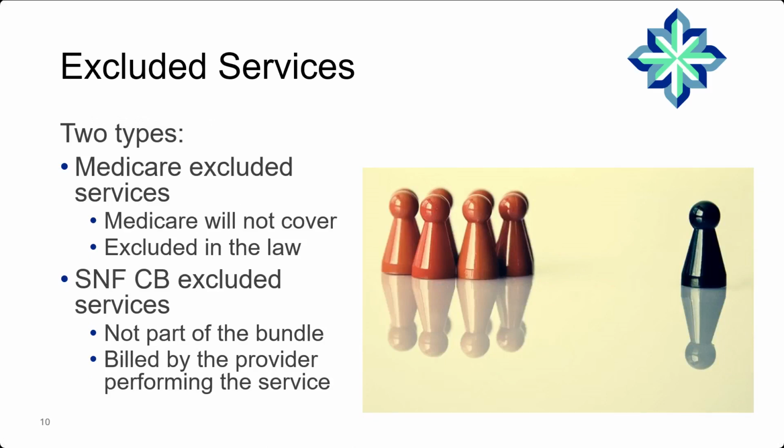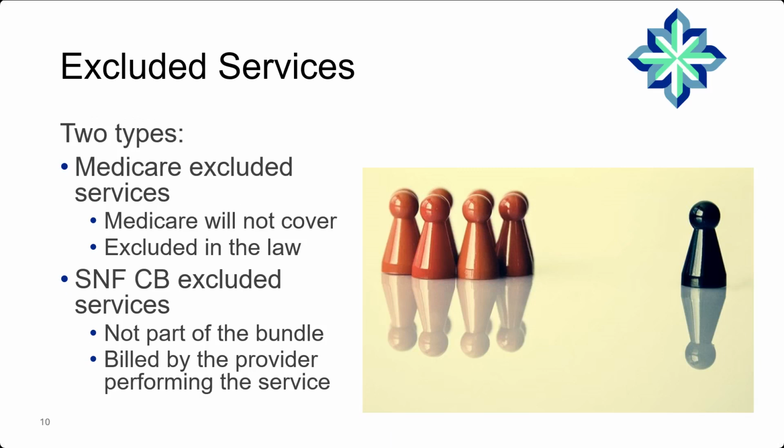That could be from 1861 in the Social Security Act, and it's just literally not covered. These services, if they are excluded, will always be the patient's responsibility. Even if they're in a skilled nursing facility, it doesn't matter, because you can't bill Medicare and the skilled nursing facility can't bill Medicare because the law said no.